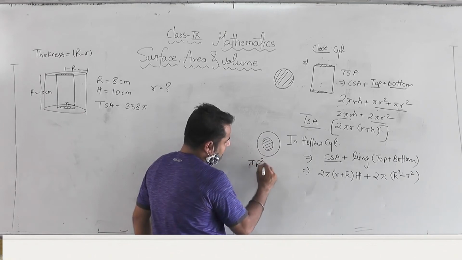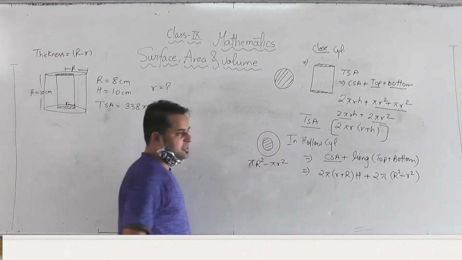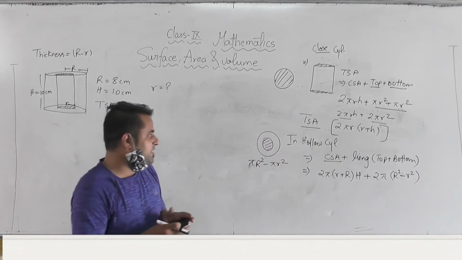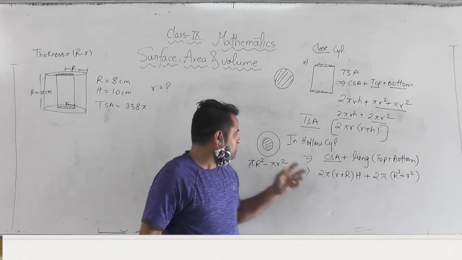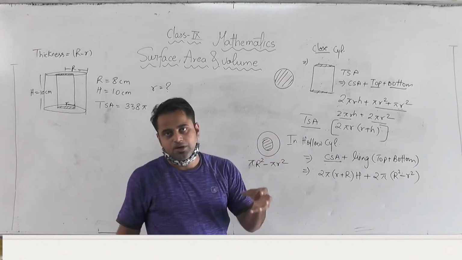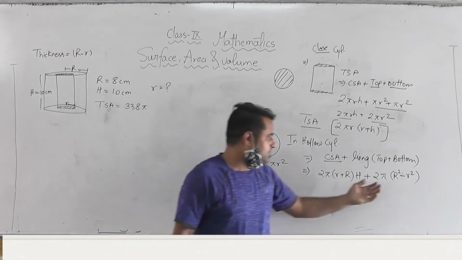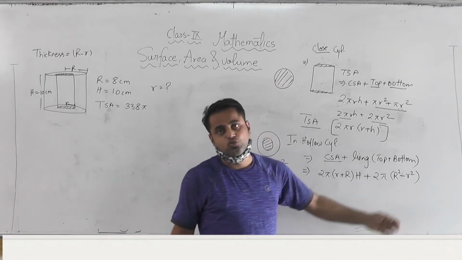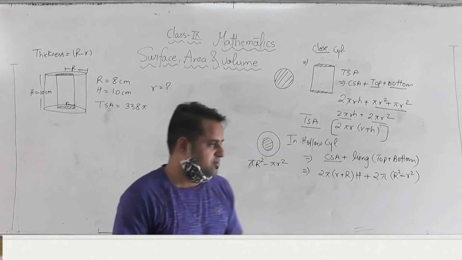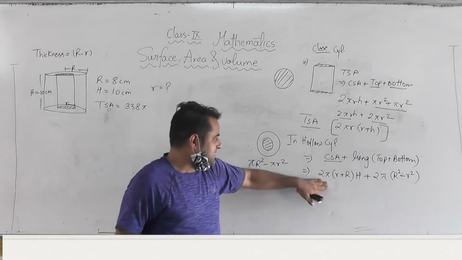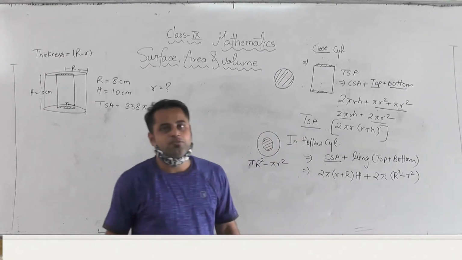From capital πR² we are subtracting small πr². Since there are two of them, the bottom and the top both being rings, we write it as 2π(R² − r²).